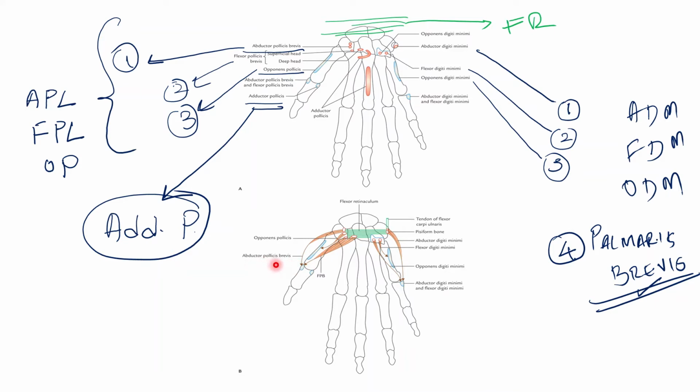Moving on to the second muscle, the flexor pollicis brevis. This flexor pollicis brevis has two heads, the superficial head and the deep head.